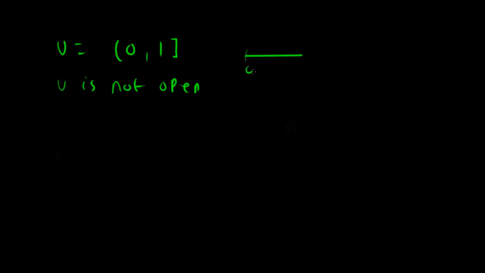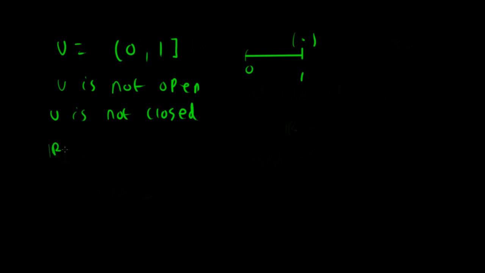Here is 0, everything's fine there. But here is 1, we include 1. So when I pick 1, I can't fit that interval, that ball, in. So U is not open. But U is not closed.